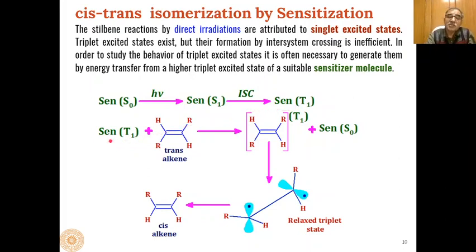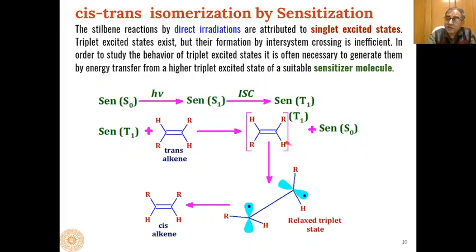Then the sensitizer in the triplet state will interact with the substrate molecule, say a trans alkene, and transfer its energy to the trans alkene, which becomes excited, and the sensitizer comes to its ground state.